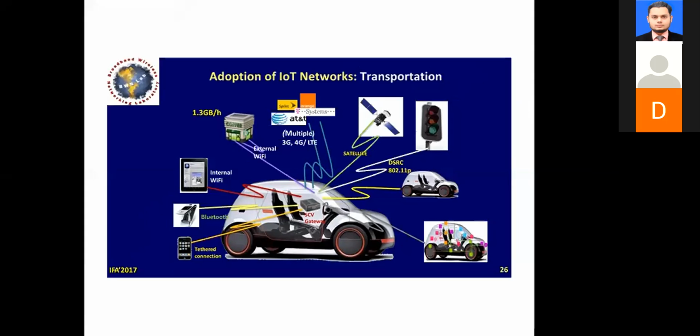Okay. Previously, we have seen IoT and how it's different from the Internet of Things, and the 4 different layers of IoT. We have noticed very different applications of IoT. Lately, we have seen the adoption of IoT networks in transportation.